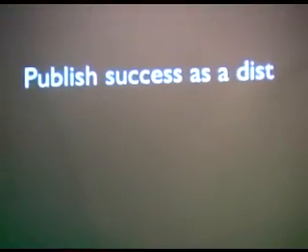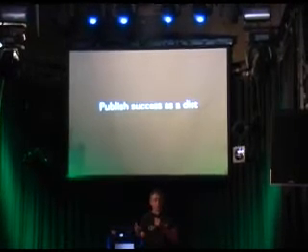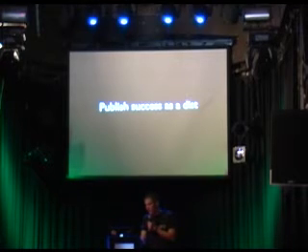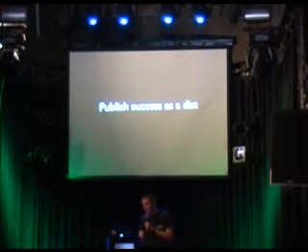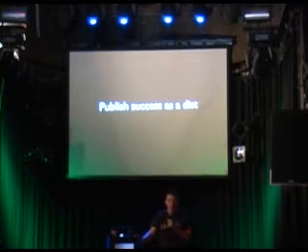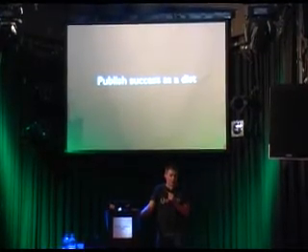Now, when things are successful, the result is published as what I call a dist, a set of software, a set of archives, and some metadata about the relationships between project names, project systems, and what depends on what. That's published to Amazon, and what I do in that case is only upload projects that have been genuinely updated.